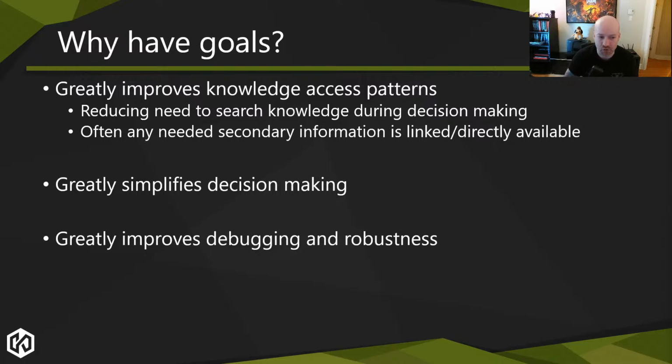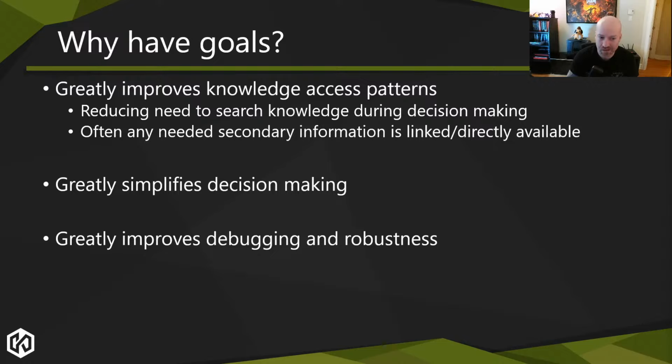It also greatly improves the debugging and the robustness of your AI because you can debug the goal generation completely separate from the decision making. You run your knowledge update and you see what goals are there, and you figure out why they exist, why they're not, and why the data is wrong or correct, without even touching the decision making aspect.